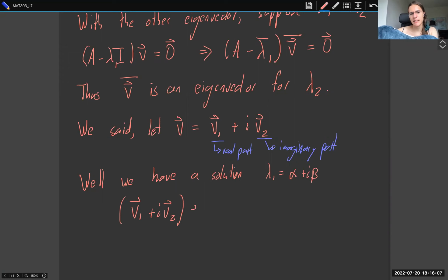Then it would be e to the alpha t times cosine of beta t plus i sine of beta t.